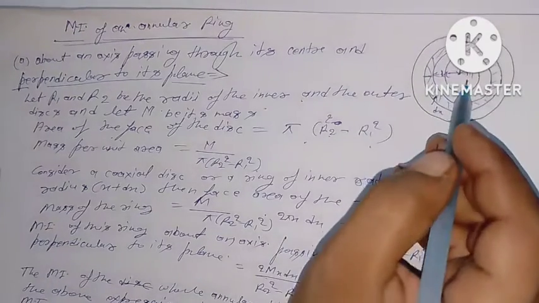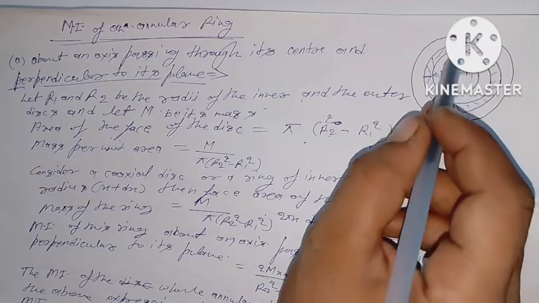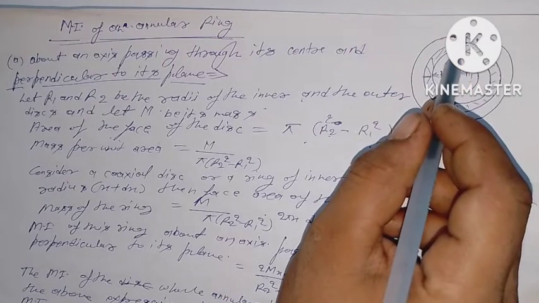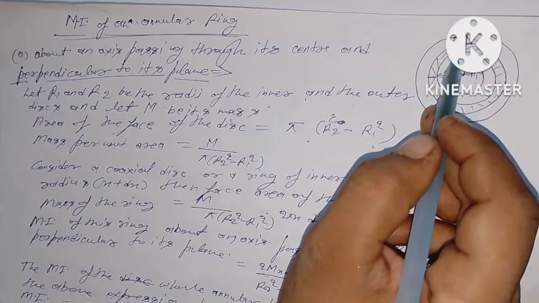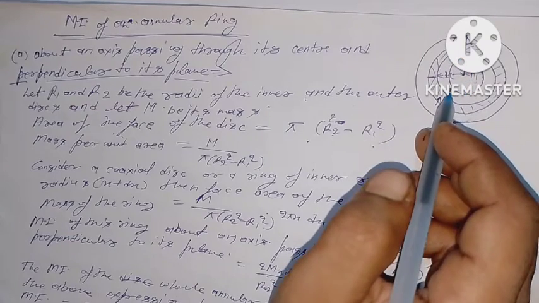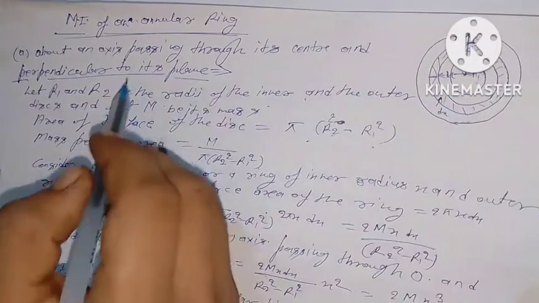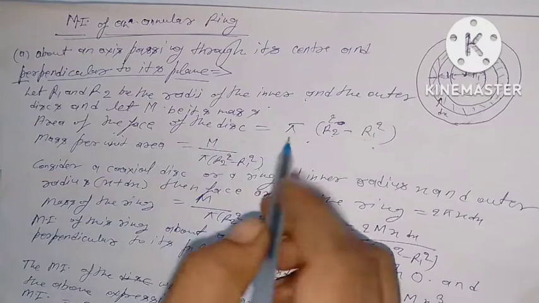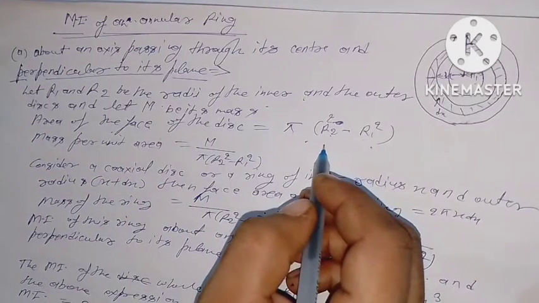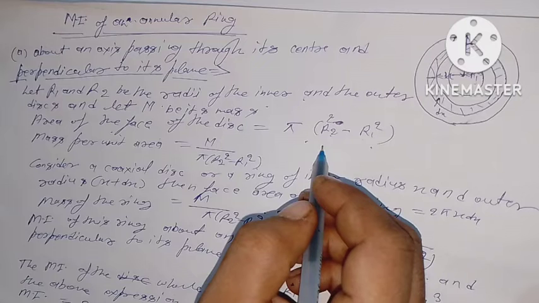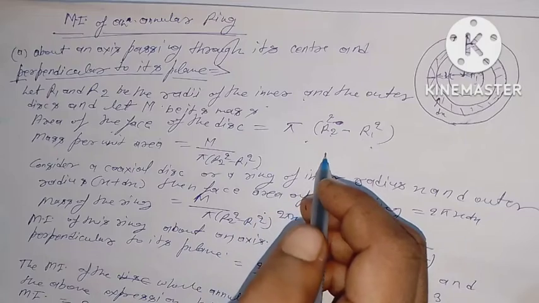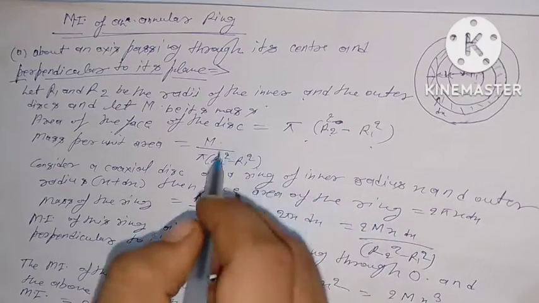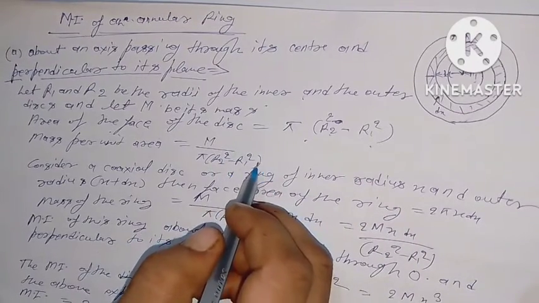Let R1 and R2 be the radii of the inner and the outer disc, and let capital M be its mass. The area of the face of the disc is pi (R2 square minus R1 square). Mass per unit area is capital M upon pi (R2 square minus R1 square).